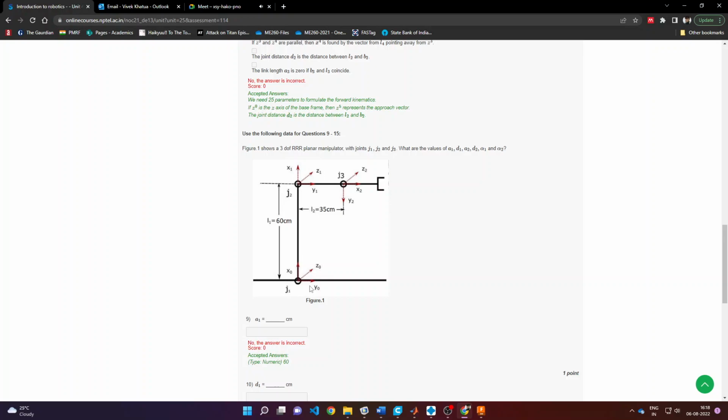So this denotes a frame. X underscore i denotes the axis i of the frame. So at J2 you have another frame which is something like this.